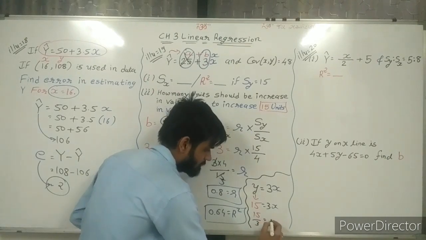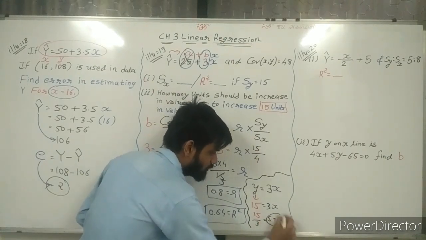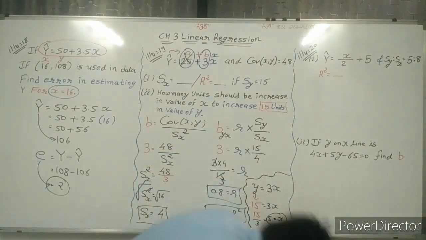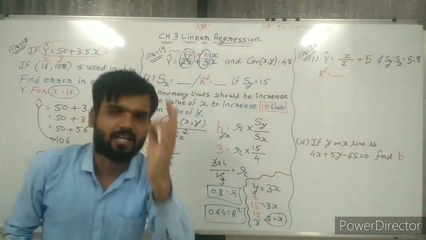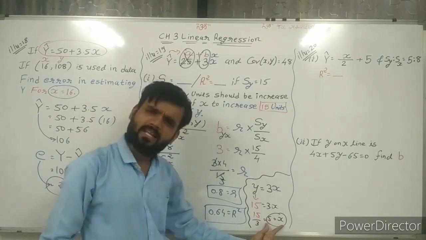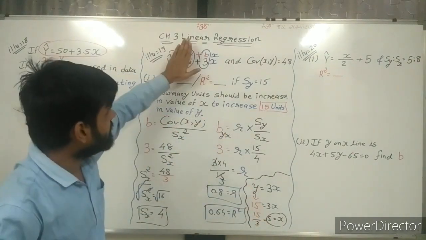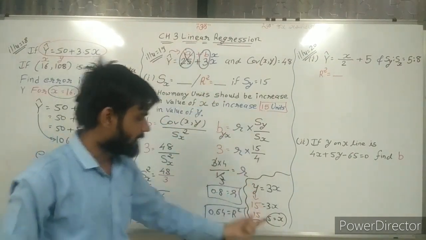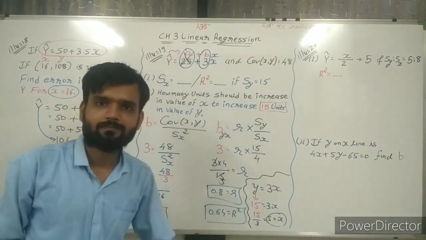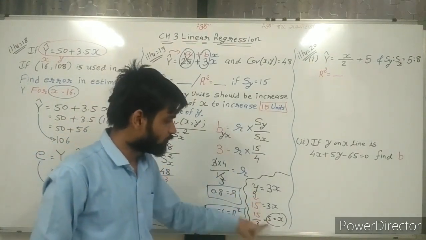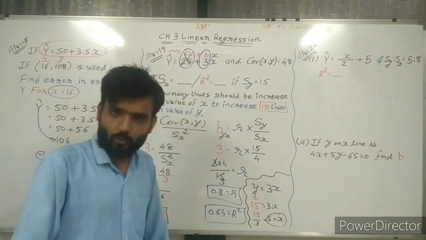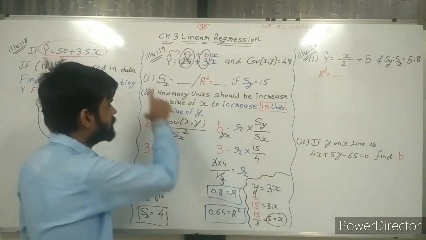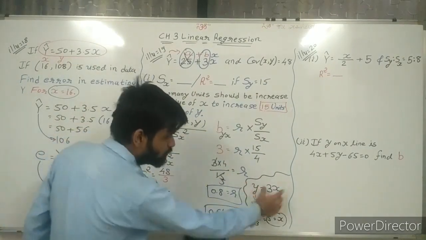So the answer is 5. So x is equal to 5. First I cleared your concept and now directly solve it. So don't consider a, compare both and find the value of x. So x is equal to 5. Simple, sir. Complete.